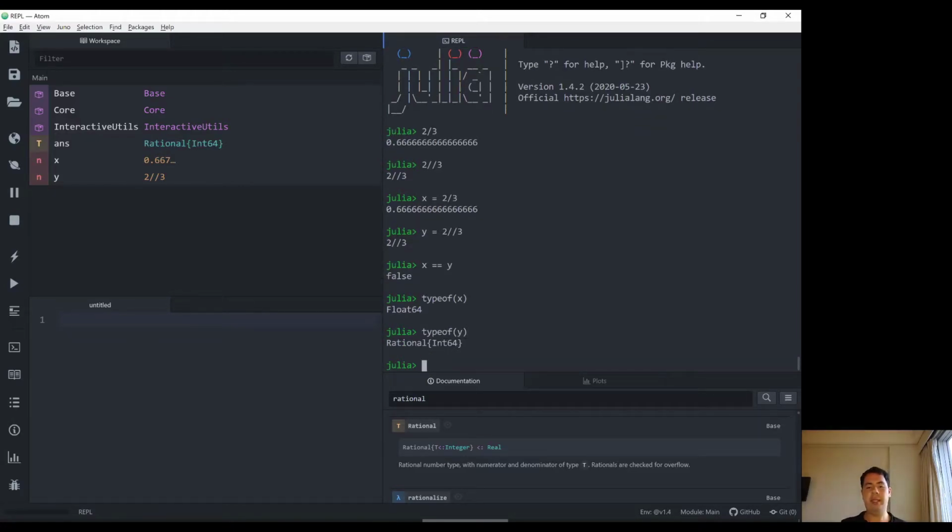So what we have here is that X has been represented as a floating point number with 64 bits of precision. I'm using the 64-bit version of Julia. Now, floating point numbers are kind of out of the scope of this video, but it's a way of representing decimals on a computer where typically computers deal with binary integers, so ones and zeros.